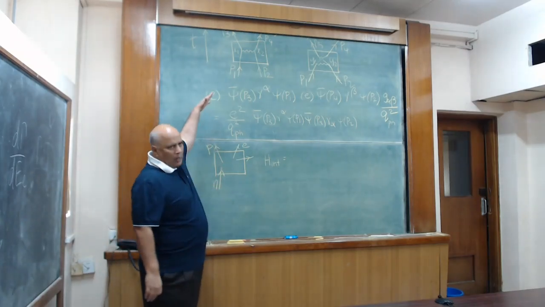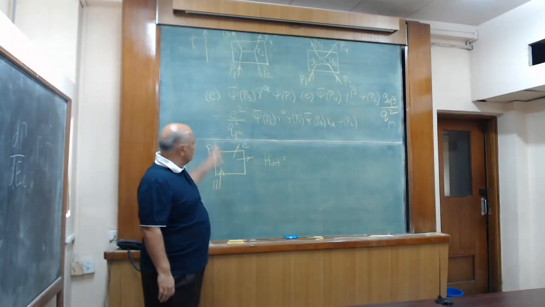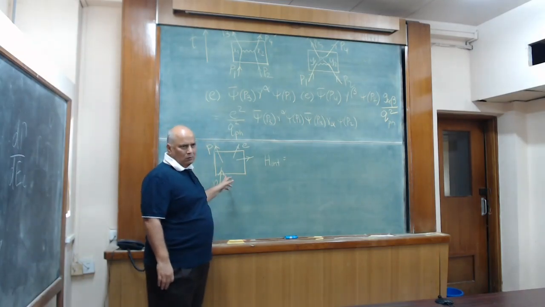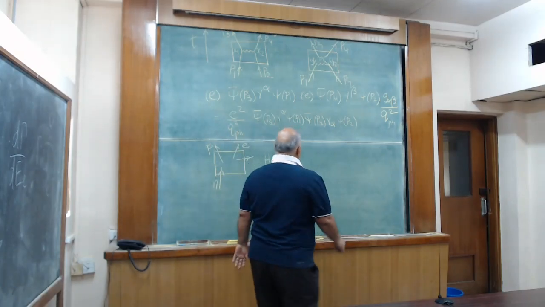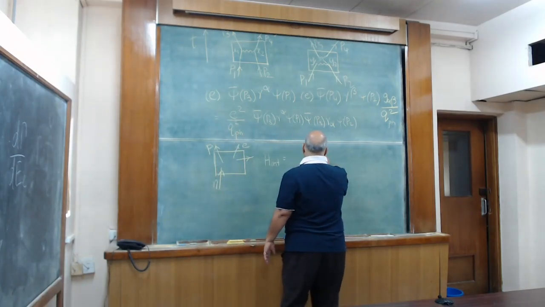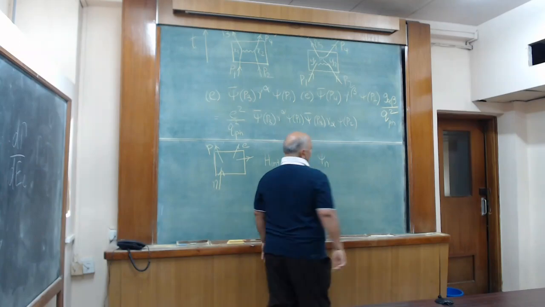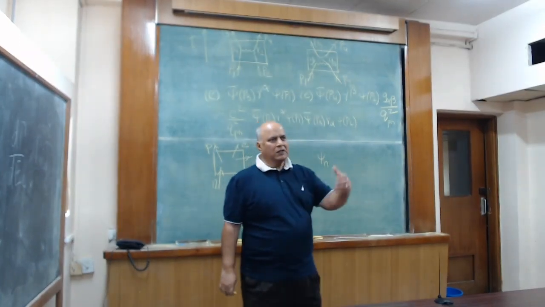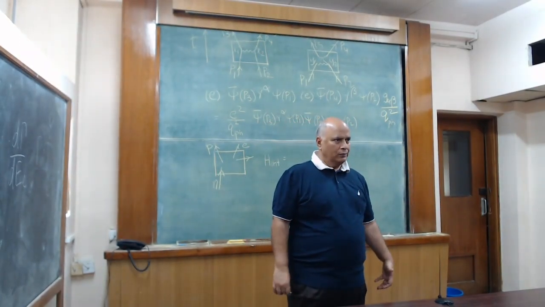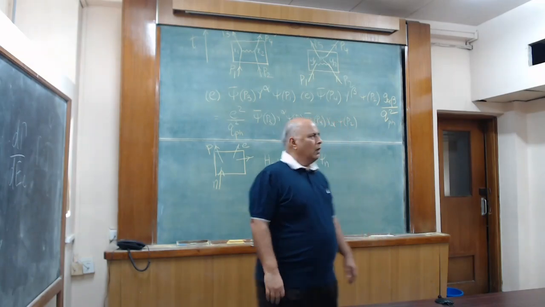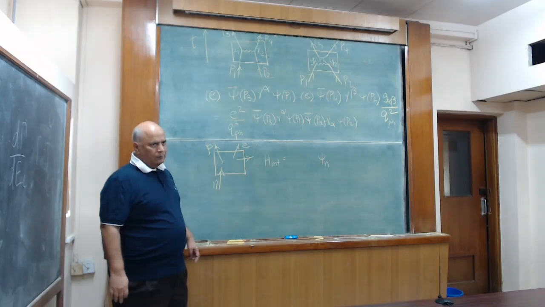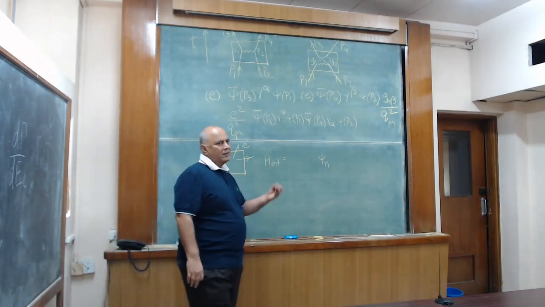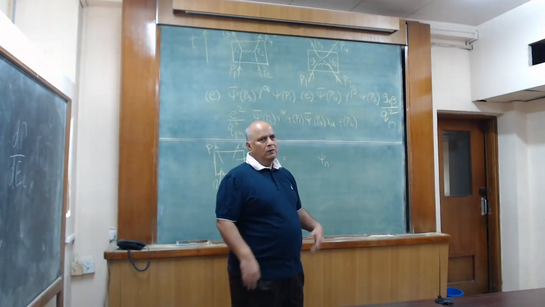So I use the same rules as above. There is a neutron going in and disappearing, so there should be a ψ_n field which annihilates a neutron. And there is a proton coming out, so there should be a ψ̄_p field which creates a proton.